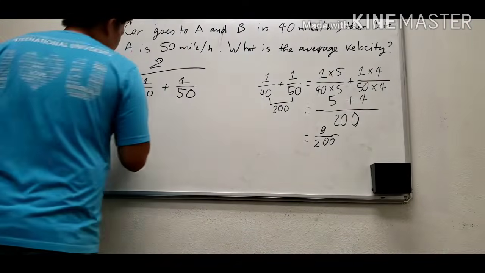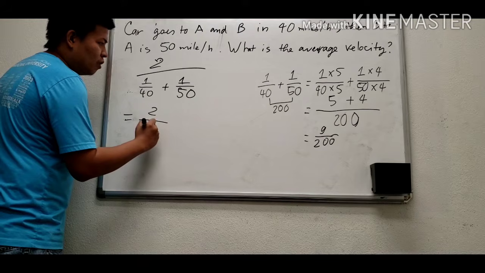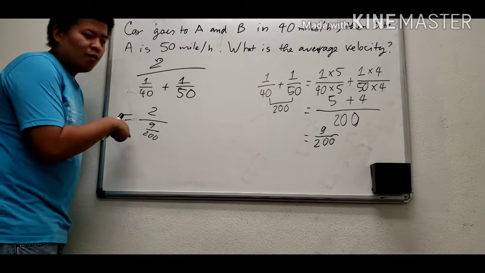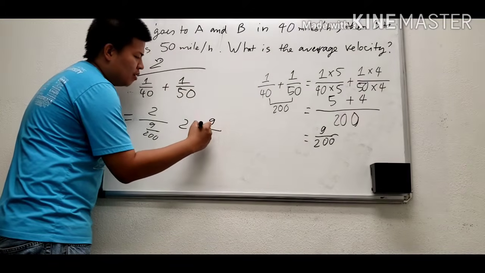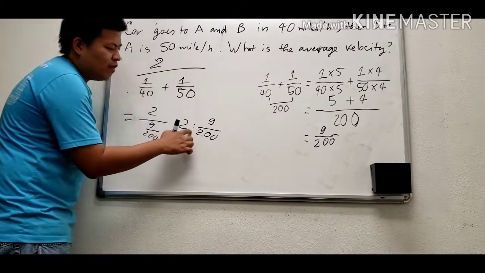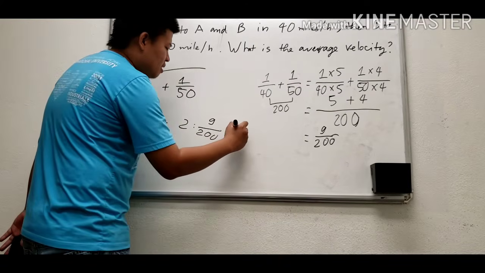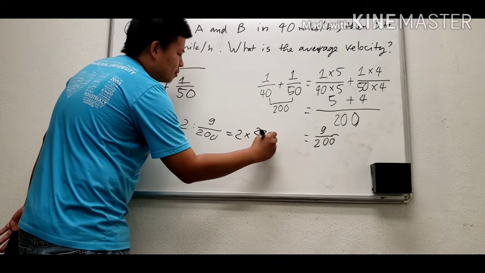So now we put 9 over 200 in there. This is 2 divided by 9 over 200, which can be 2 multiplied by 200 divided by 9.